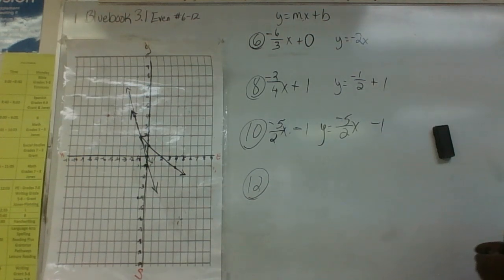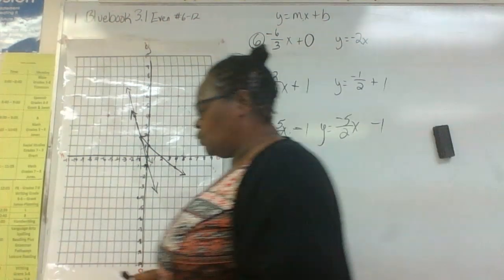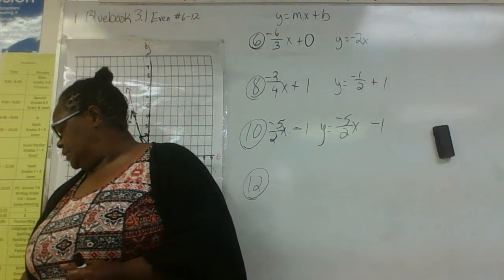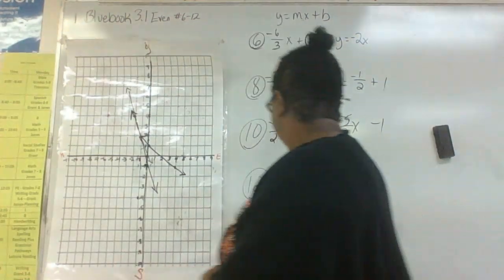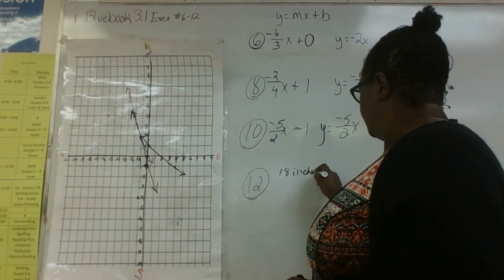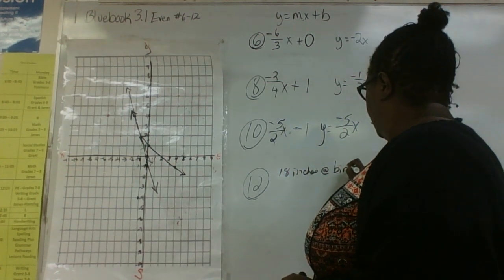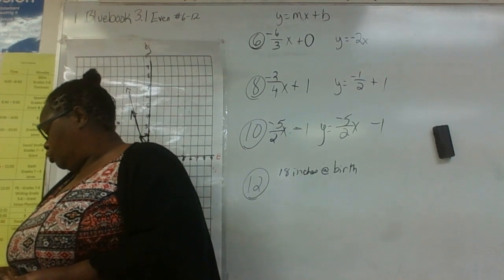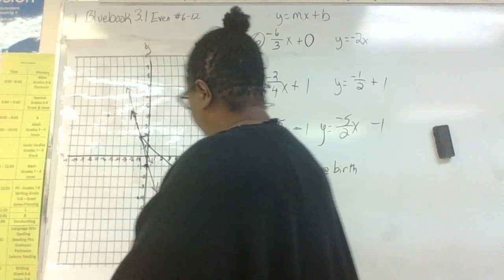Okay? All right. And then number 12. Number 12 is a word problem. It says a boa constrictor is 18 inches long at birth. That's our first statement. And grows 8 inches per year.